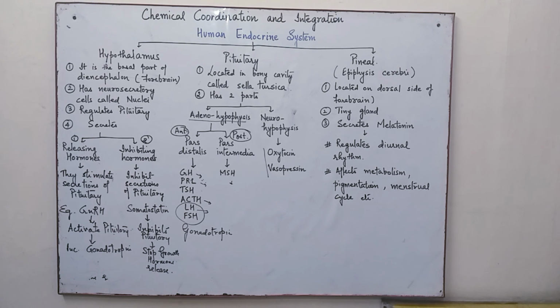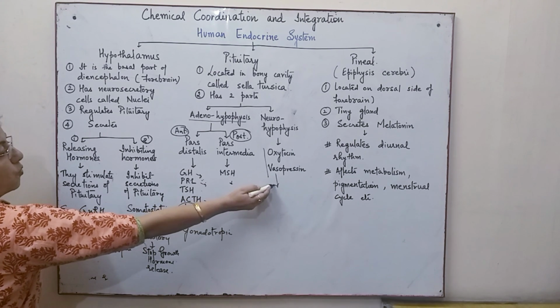Vasopressin is an antidiuretic hormone. Why are we saying that? Because it acts on the kidney and has a major role in the reabsorption of water.